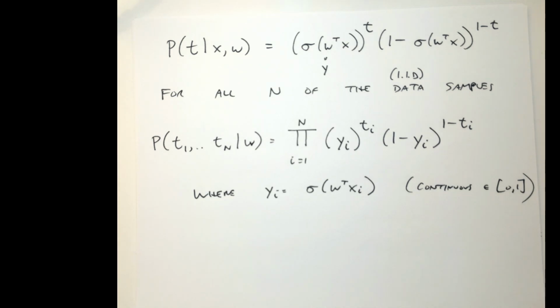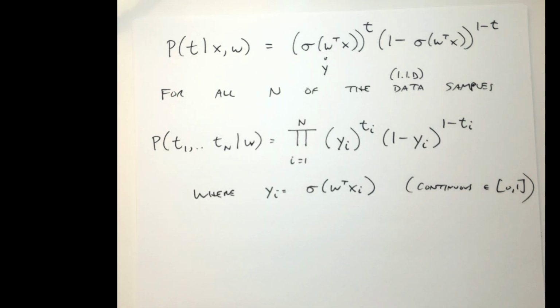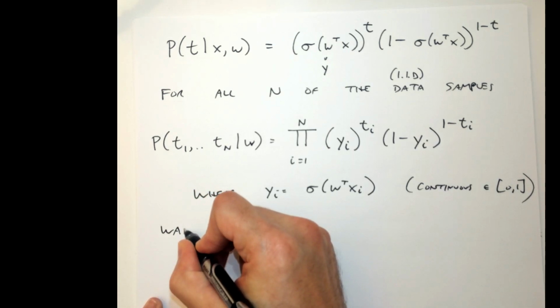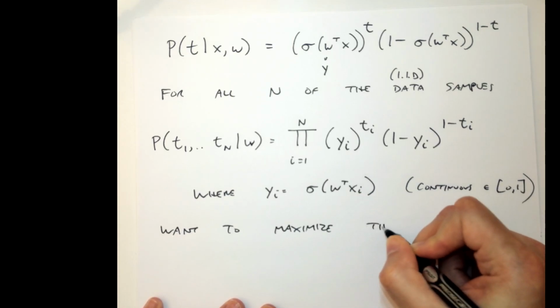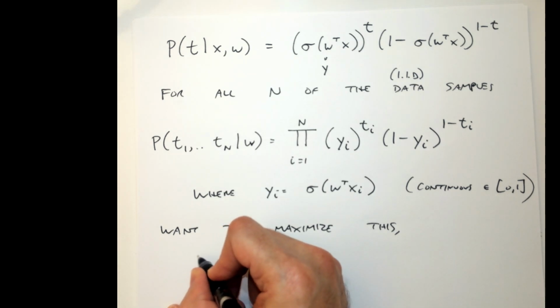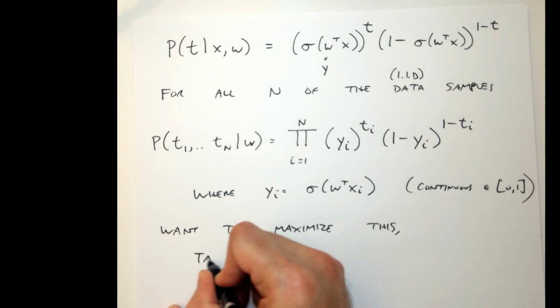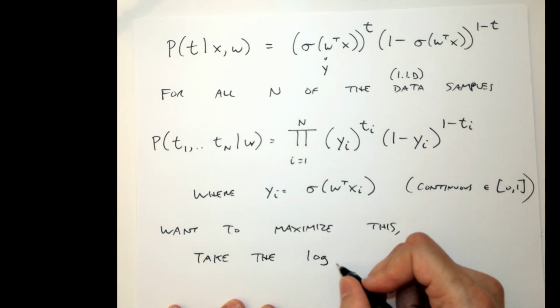And what I want to do is maximize this probability, right? I want to maximize the probability of the observations given the model. And so I would use my usual trick, right? So we want to maximize this. And then again, we apply the usual trick of taking the log to make our life easier.